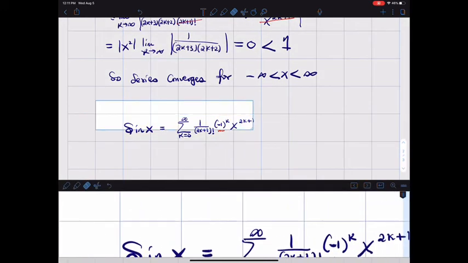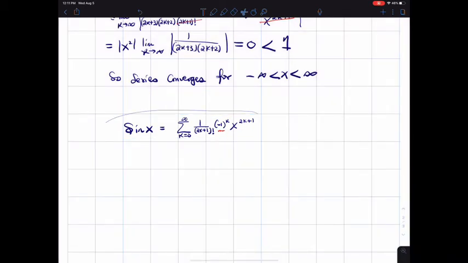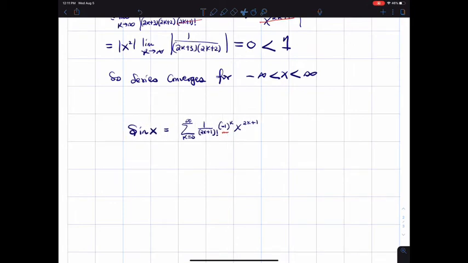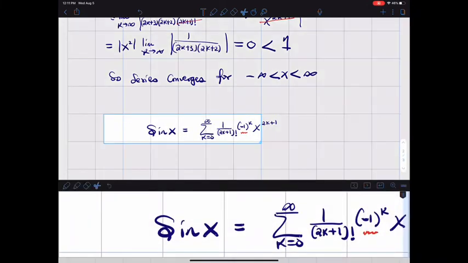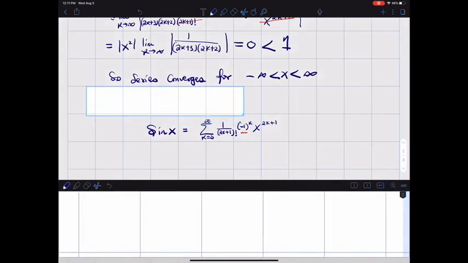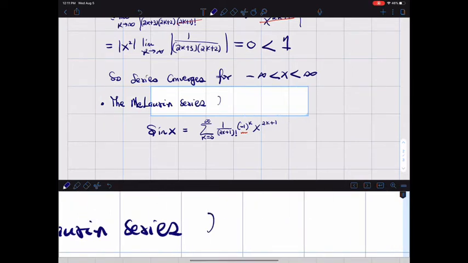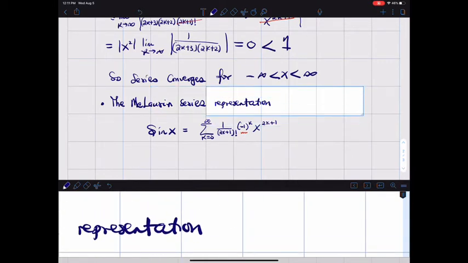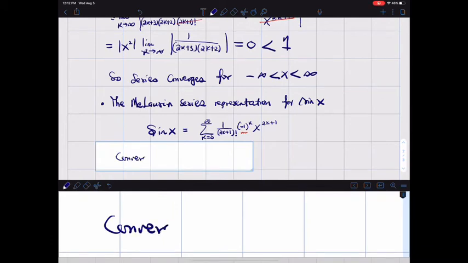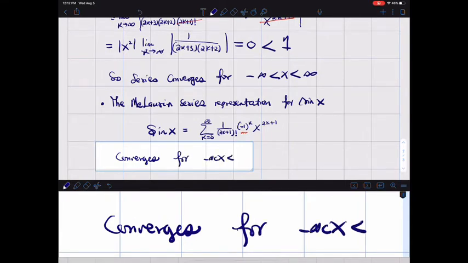I'm going to say the Maclaurin series representation for sin x converges for x between negative infinity and infinity.